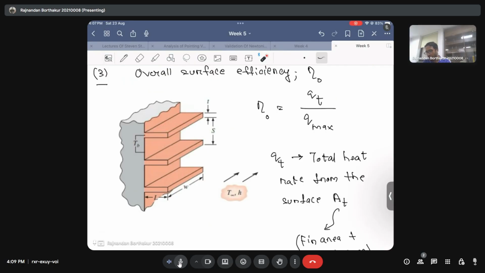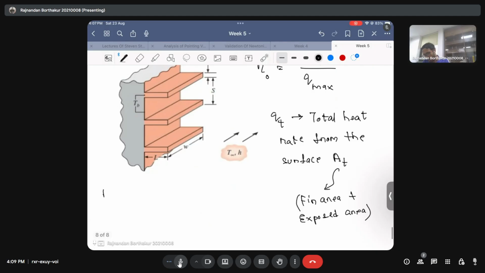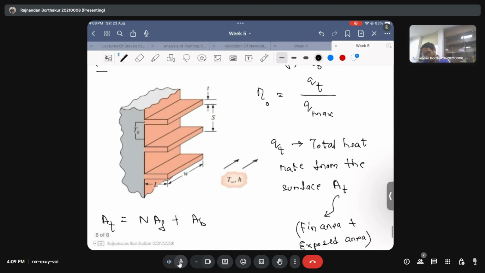If I want to quantify At, this will be the number of fins times the fin area plus Ab, where Ab is just this bare area. This dotted portion I'll call the bare area, and this hatched portion is the fin area.